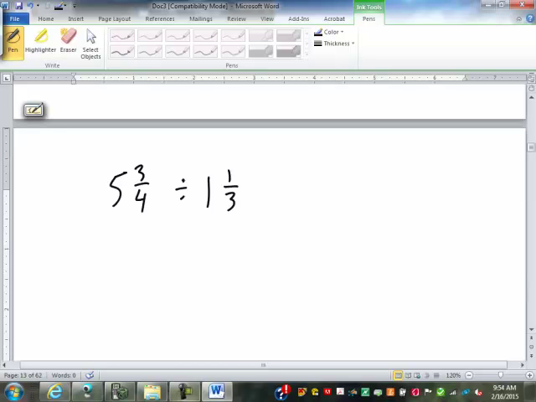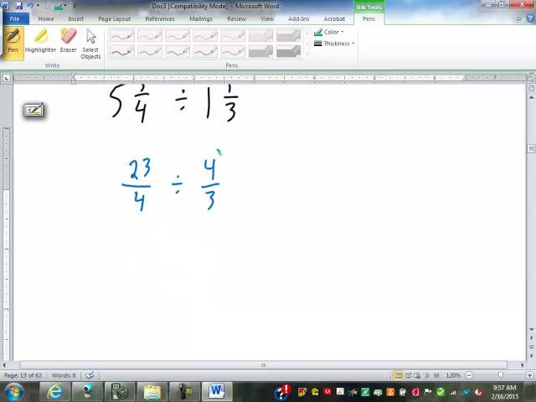So I'll give you guys a second to give that one a shot. So first step, tell me what to do. So 23/4, good. 4/3. So cancel out the 4s? No. We're still dividing. Perfect.